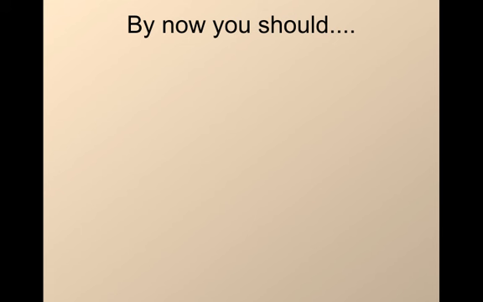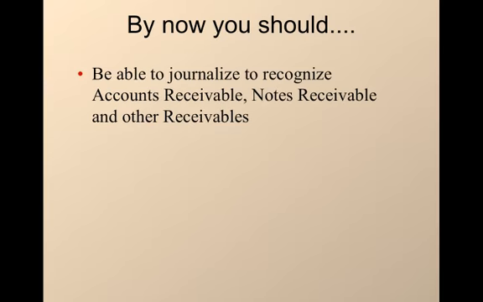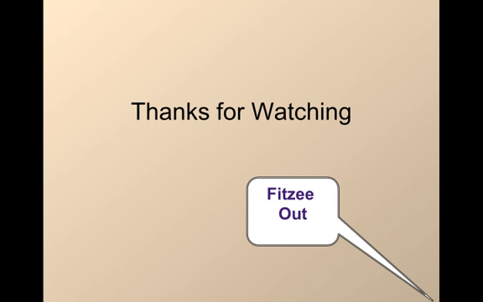So very simple. Recognizing accounts receivable was quite a review from grade 11. So you should be able to journalize in order to recognize accounts receivable, notes receivable, and other receivables. We're going to spend more time talking about valuing receivables and disposing of them, and we'll spend more time on the notes receivable piece if there needs to be an adjustment for interest. Hope that helps, and thanks for watching, and we'll talk soon.